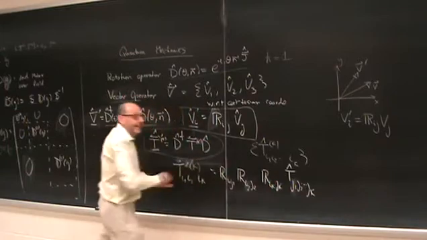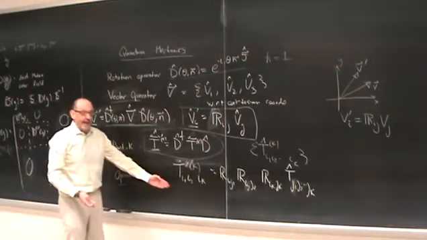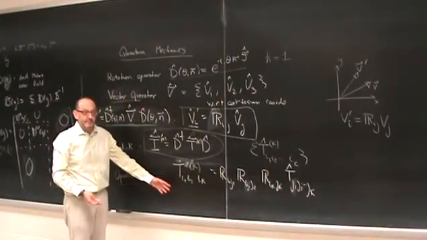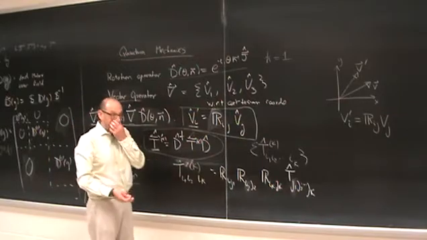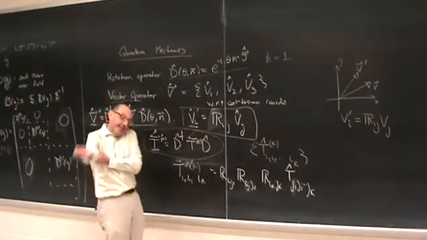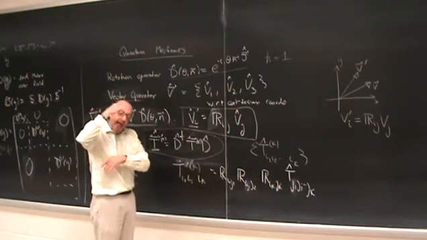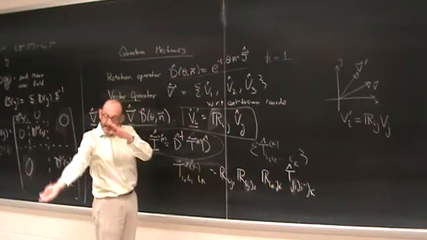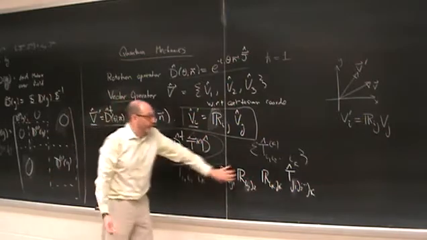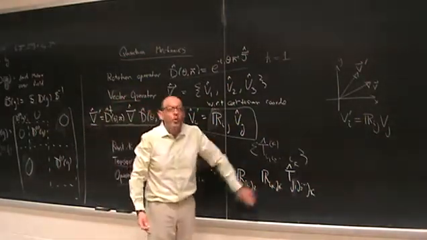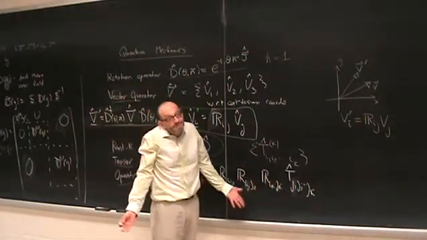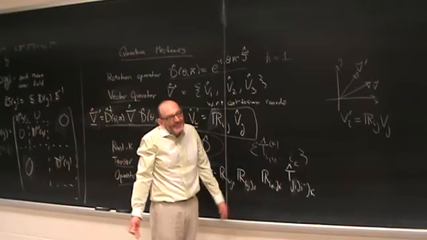And similarly for any rank tensor. So it's a rule that says, geometrically, I rotate the object, but that rotated object's components are related to the unrotated object through this rule. I don't know if that answers your question.